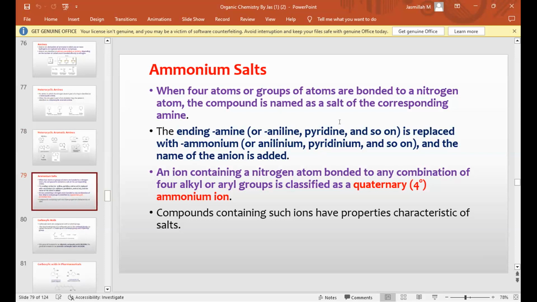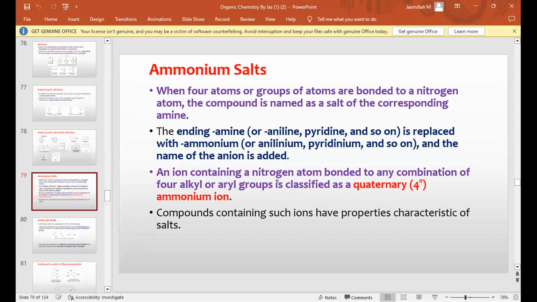When it's present as part of the ring structure, pyridine for a 6-membered ring. But now when it's replaced by ammonium, it changes to become anilinium for aniline, pyridinium for pyridine, and so on. Now it has become an ion.